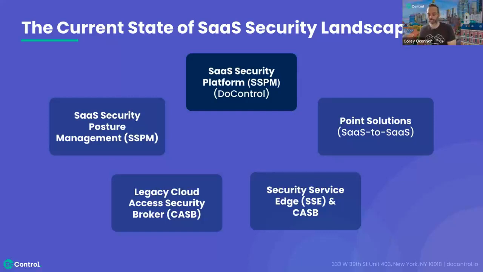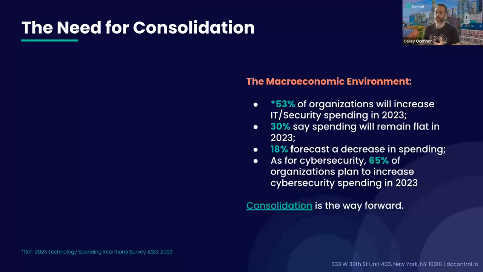You have organizations that are trying to rely on the manual security controls within the application providers, which is not a scalable approach. So SaaS security as a market, it's fragmented, it's decentralized, and there is an obvious need for technology providers such as DoControl to provide a holistic SaaS security platform that covers a wide range of these threat models.